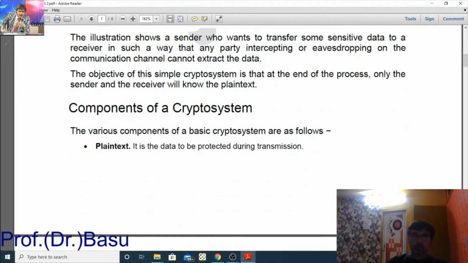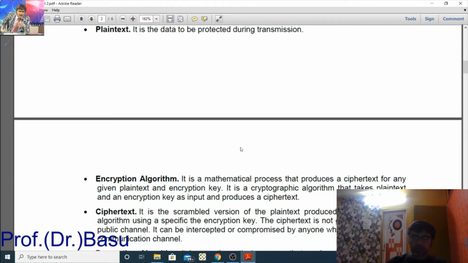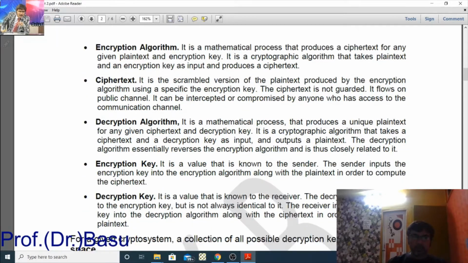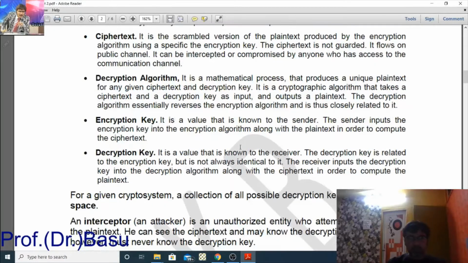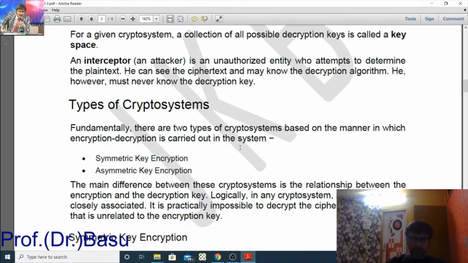So the components of a crypto system are the plain text, encryption algorithm, cipher text, decryption algorithm, encryption key, and decryption key. Okay. So types of crypto system, I told you a bit of this in the earlier class. There are two kinds of crypto system broadly.